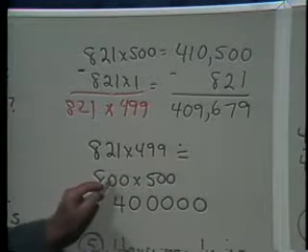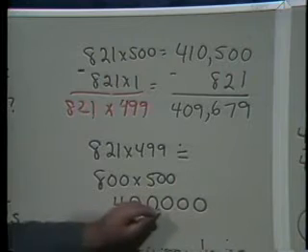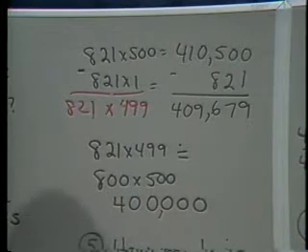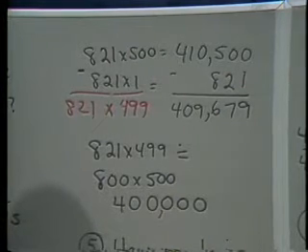Then you have what? 1, 2, 3, 4 zeros. So 800 times 500 is a problem you can practically do in your head. And that answer is what? 400,000. Therefore, before you even start this problem, either A or B, you know that the answer you're looking for is very close to 400,000.